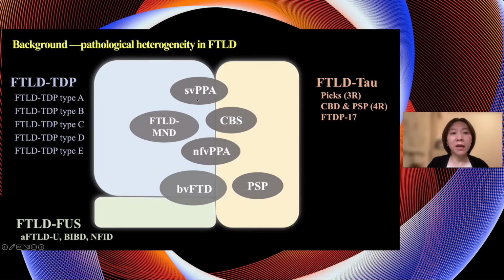As well, with the semantic variant PPA, we have the TDP and tau pathology. This makes the disease very complex. Different clinical syndromes mentioned above are associated with different pathologies, as shown here in these figures. So it is very complex even for clinical practice and even for research.